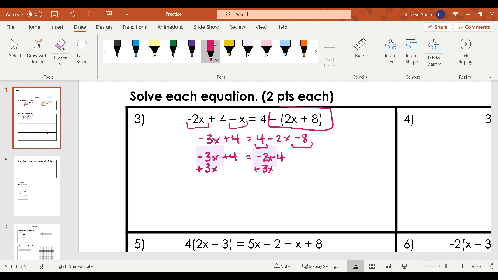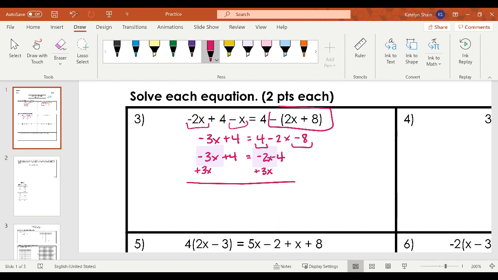Now, why wouldn't I want to get rid of that negative 2x? Well, if I focused on that negative 2x and added 2x to both sides, this side over here would still be a negative x, and I don't like that. That's messy. I don't want to know what negative x is. I want to know what x is. Okay, so I'm going to add 3x's to both sides.